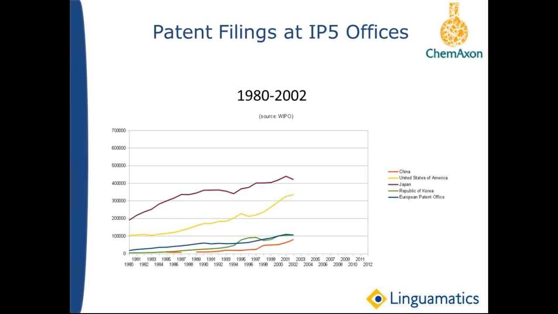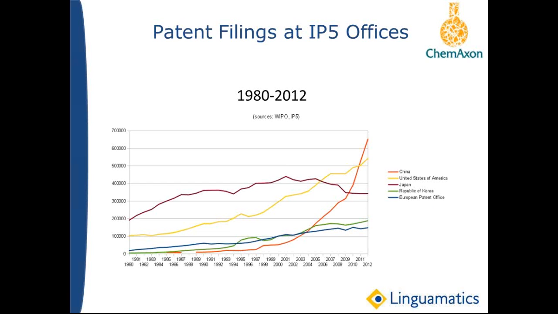As you can see, by the year 2002, Japan is the #1 patent filer in the world. US is #2, and Korea, Europe, and China are 3rd, 4th, and 5th place. 5 years later, US has surpassed Japan to become the top filer, and China jumped to #3.